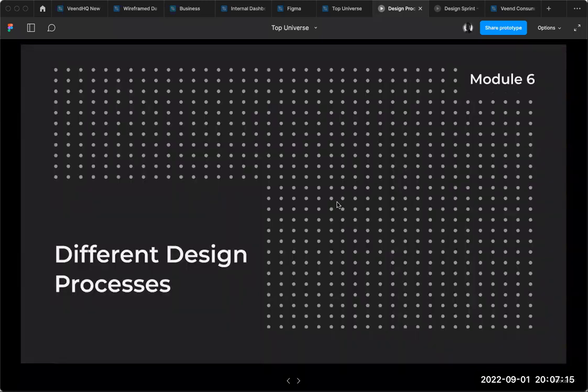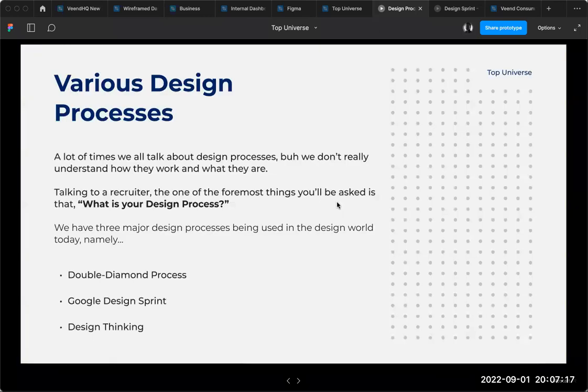So, talking about different design processes, a lot of times we talk about them but we don't really understand how they work or what they are. Talking to a recruiter, one of the foremost things you can be asked is, okay, what's your design process?